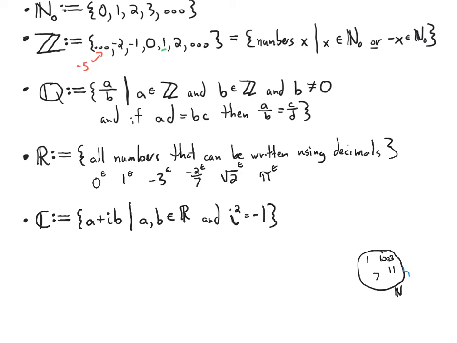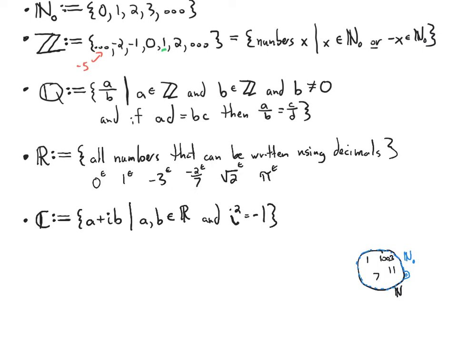Then, of course, we also have the set of whole numbers, the natural numbers with 0. So you can add on a 0 here, just include 0 in that bag. All of this is the set of whole numbers. It's just the natural numbers along with 0.